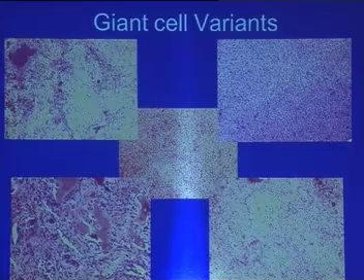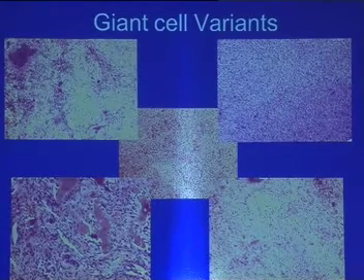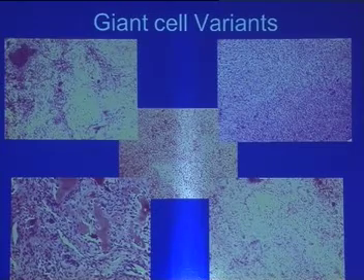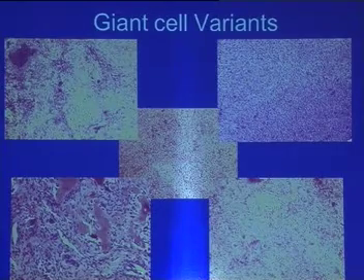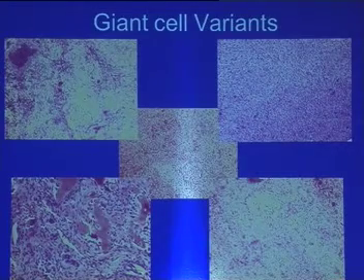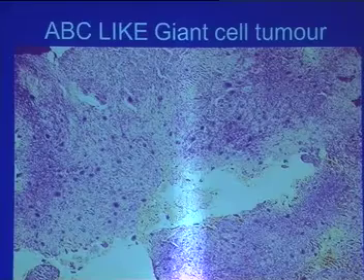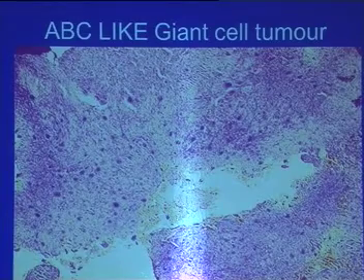And one of the appearances which worries us surgical pathologists a lot is the presence of osteoid. Because the osteoid is reactive, but when there's osteoid, we start wondering, could it be a giant cell-rich osteosarcoma? And occasionally we have got into trouble.